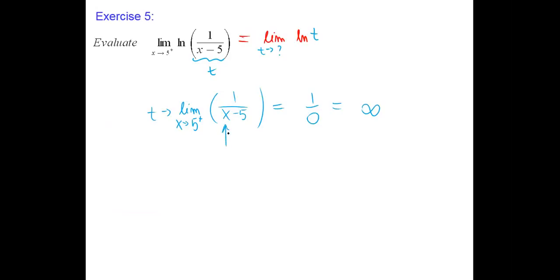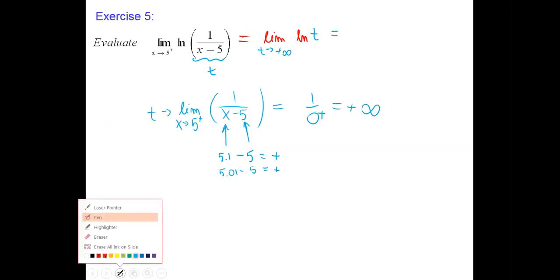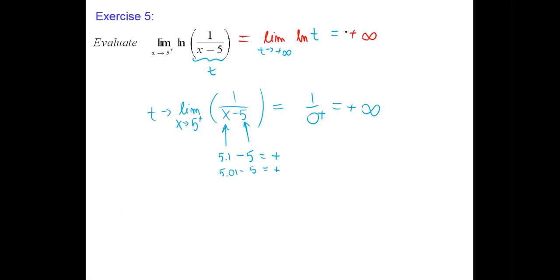This is actually 5.1 minus 5, I will get a positive number. Or I can go even closer. That means it's positive 0, it's positive infinity. And natural logarithmic function at positive infinity is also positive infinity. We remember, it's increasing to the infinity really slowly, but it's increasing.